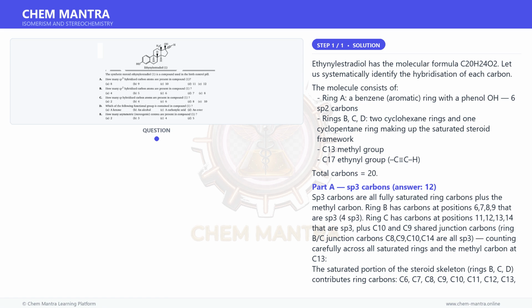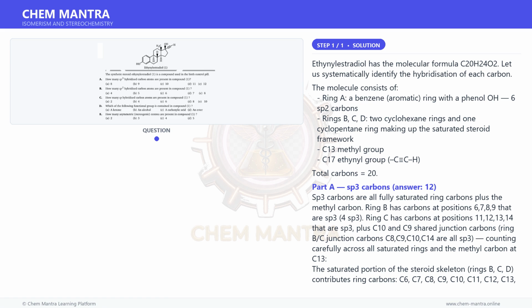Ring BC junction carbons C8, C9, C10, C14 are all sp3, counting carefully across all saturated rings and the methyl carbon at C13. The saturated portion of the steroid skeleton, rings B, C, D, contributes ring carbons C6, C7, C8, C9, C10, C11, C12, C13, C14, C15, C16, C17, which is equal to 12 carbons.